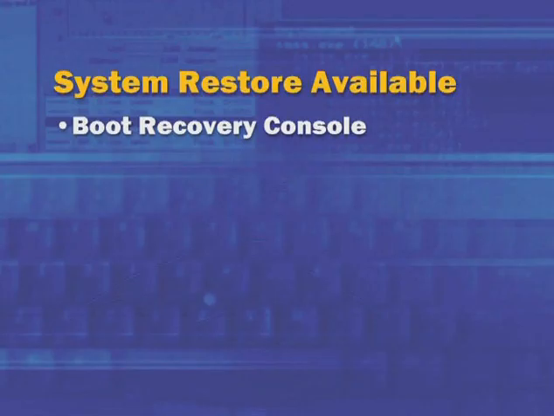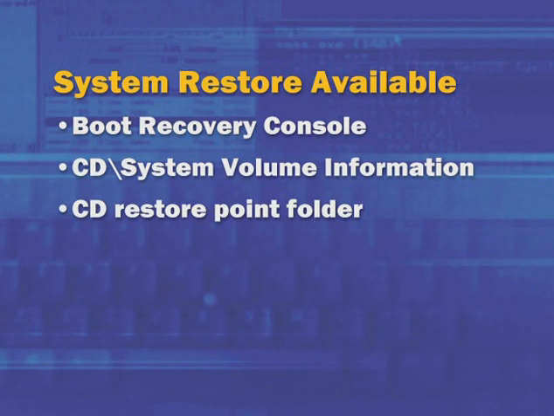Let's take a look at how you would get those backup system restore hives and replace the hive locations that Windows references as it boots. The first step would be, of course, to boot into the recovery console. Then what you have to do is cd into the location where system restore places those backup registry hives.